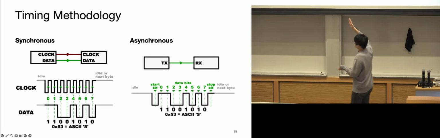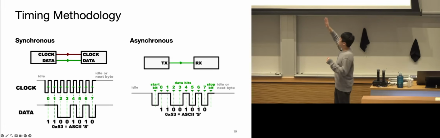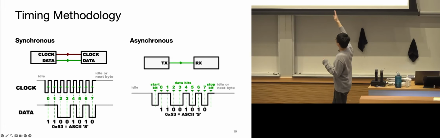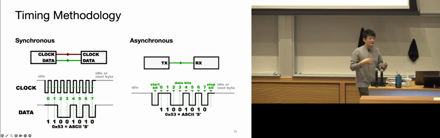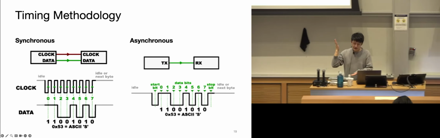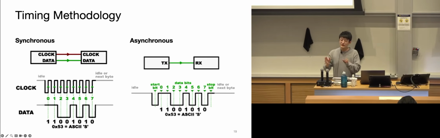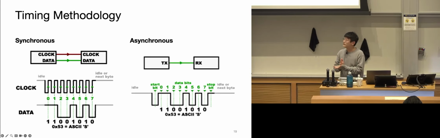Based on their agreement, they clock at a certain speed so that it gets the correct data. Sometimes they have an additional bit for parity check, and then they have an ending bit so that the receiver side knows this block of data is done transmitting.